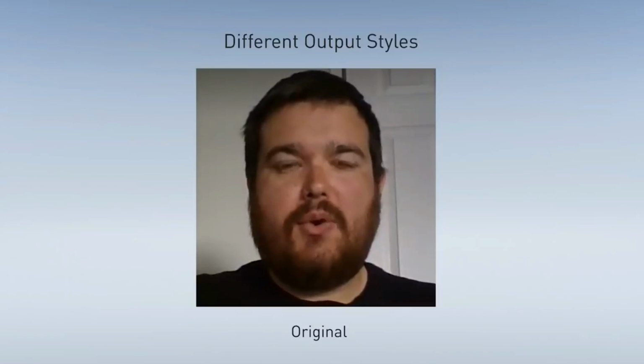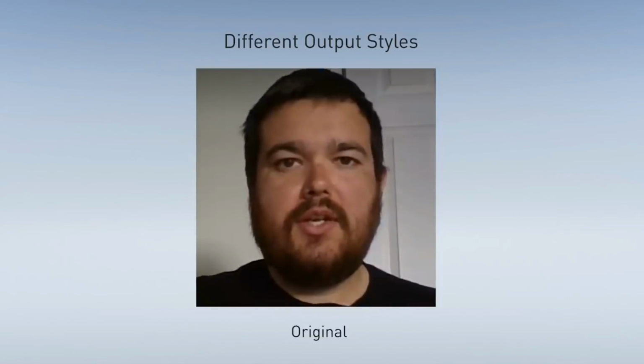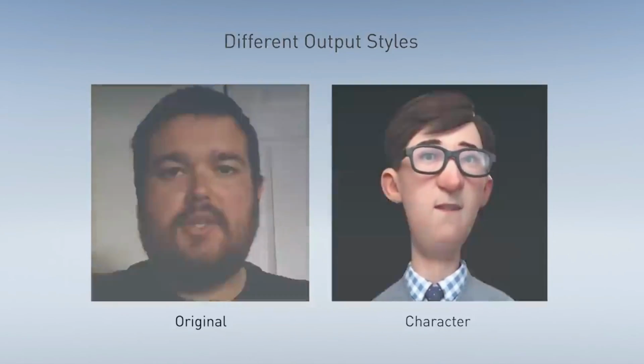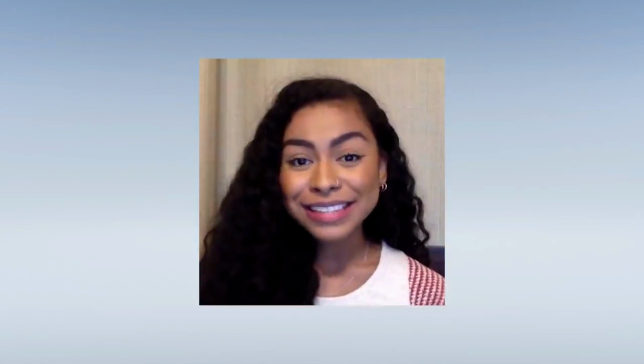We can also use the same method for character animations. Using different key points from the original video, we can output to different styles, including clothing, hair, or even animated game characters. Video conferencing is going through a renaissance, and we're excited that users worldwide, no matter their video connection, will have a better video call experience because of AI.